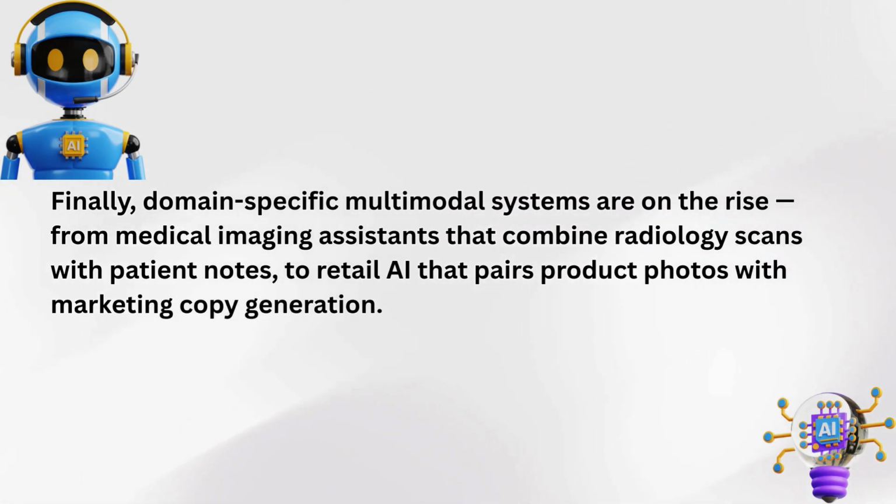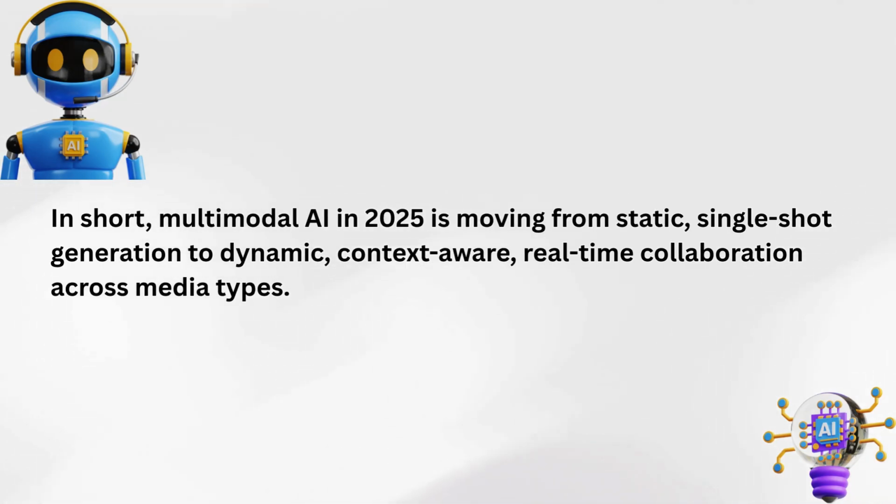Finally, domain-specific multimodal systems are on the rise, from medical imaging assistants that combine radiology scans with patient notes, to retail AI that pairs product photos with marketing copy generation. In short, multimodal AI in 2025 is moving from static, single-shot generation to dynamic, context-aware, real-time collaboration across media types.